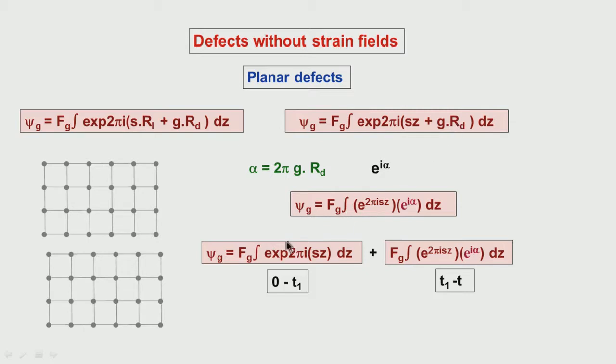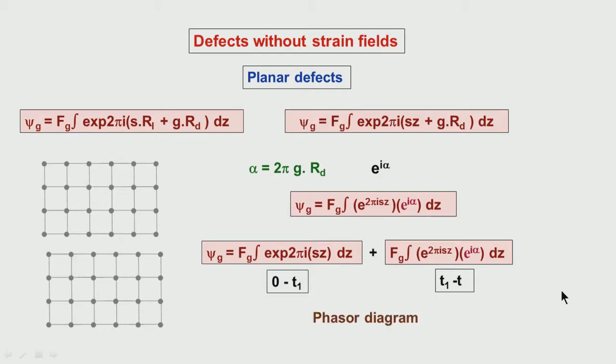So this is what is going to be from 0 up to, you take this thickness to be T1. Up to this we have done it. Now beyond this there is a phase shift introduced. So what will be the amplitude when the beam enters here? It is going to be this value. From T1 to T you have to do that. The total sum is going to give the amplitude at the end, correct?